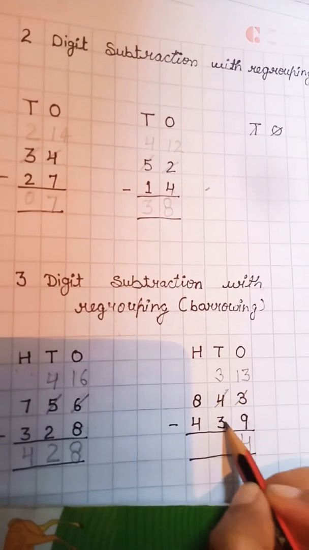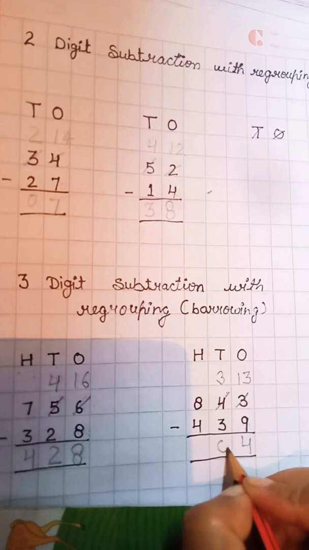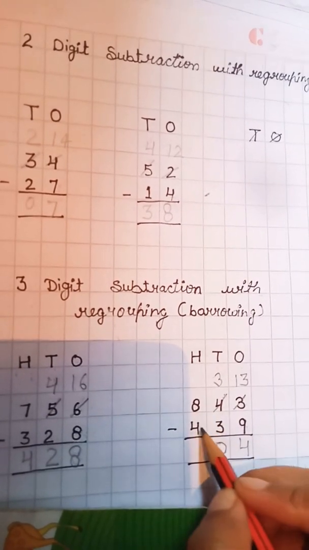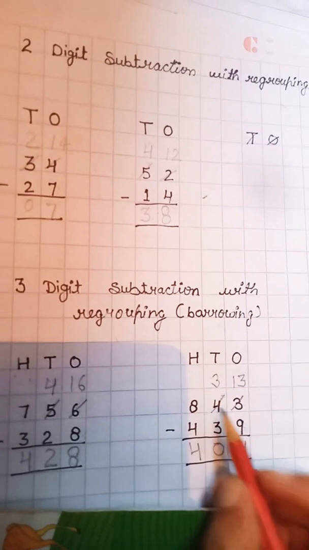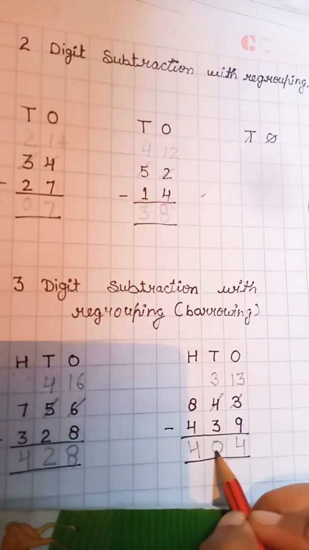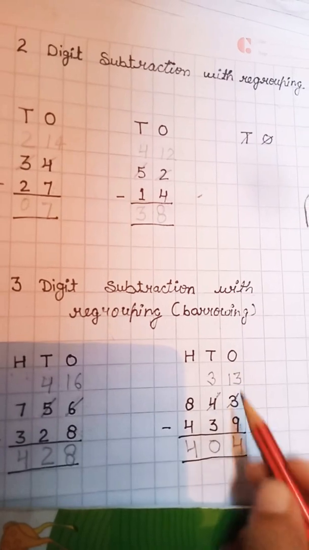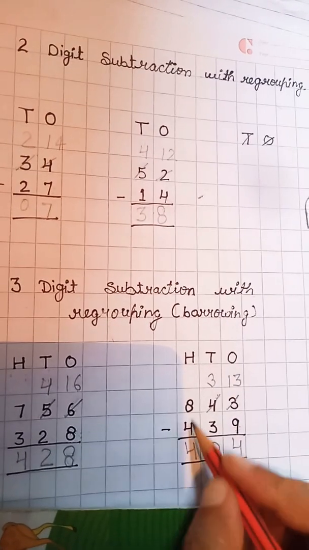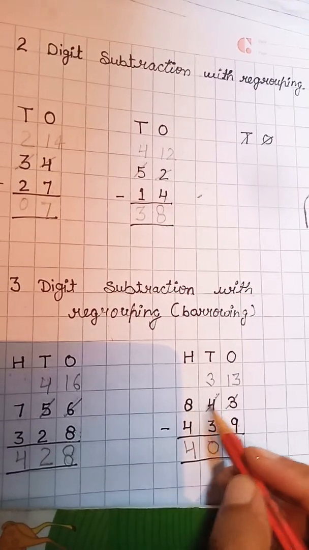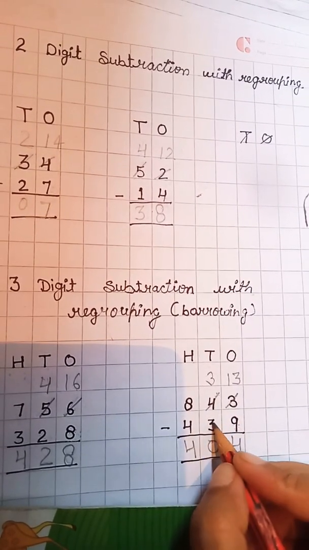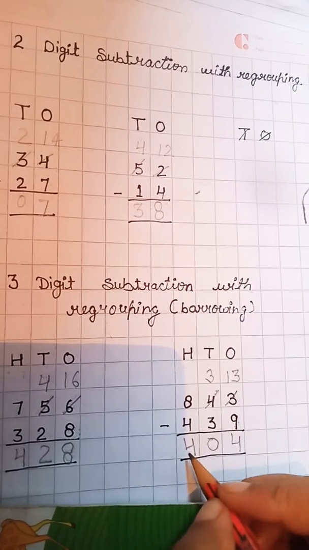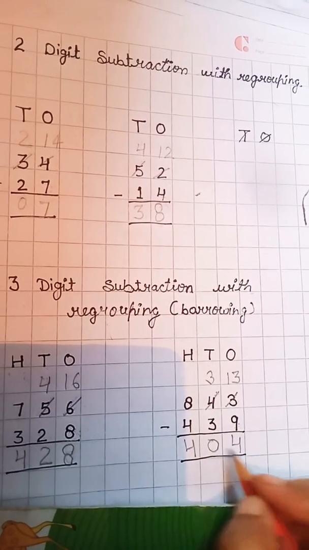And 3 minus 3 is 0, and 8 minus 4 is 4. So 4 hundreds, 0 tens, 4 ones. 843 minus 439 is equal to 404.